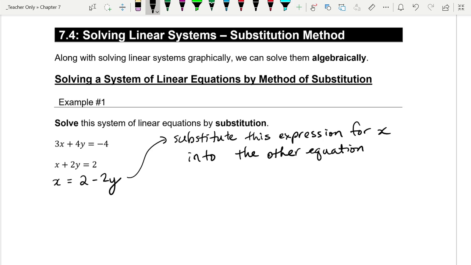So the other equation up here, 3x plus 4y equals negative 4. Instead of saying x, I know that x is equal to 2 minus 2y. So I'm going to replace the x with 2 minus 2y.